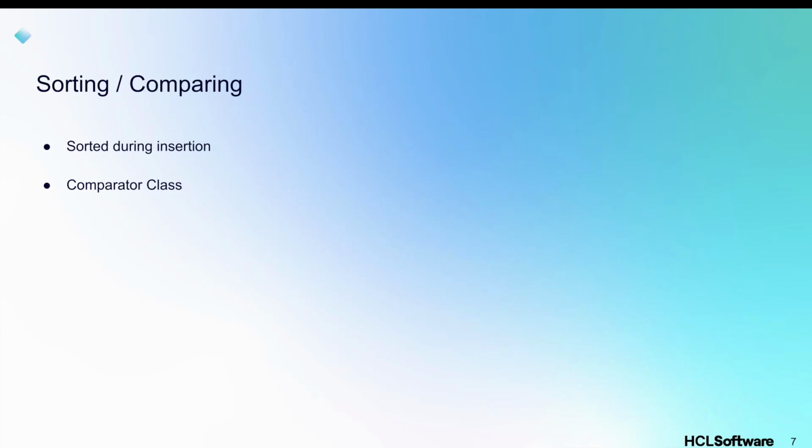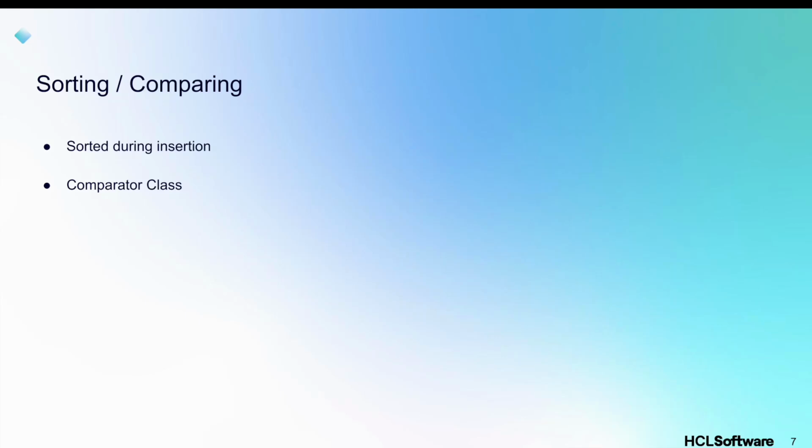It makes programmatic sense to sort on insertion and not when you pull it out, because if we sorted when you pull it out, then we're going to sort many more times. Sorting takes time. We want this to be efficient and easy to use, so we sort during insertion.